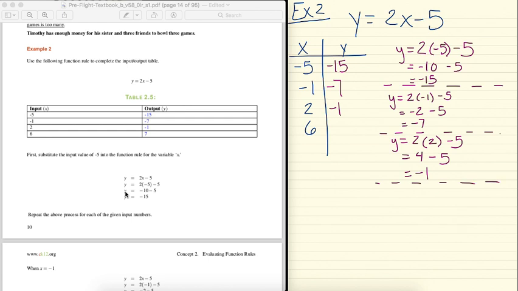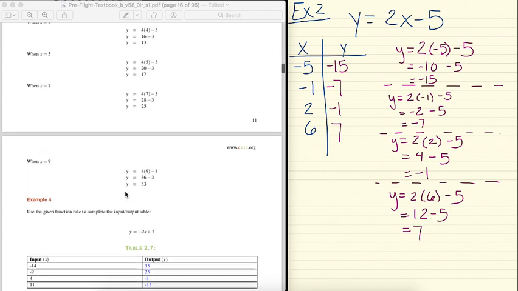And then plugging in our last value of 6, we would get 12 minus 5, which is 7. And so there's our input-output table with the work of plugging in each of those x values.